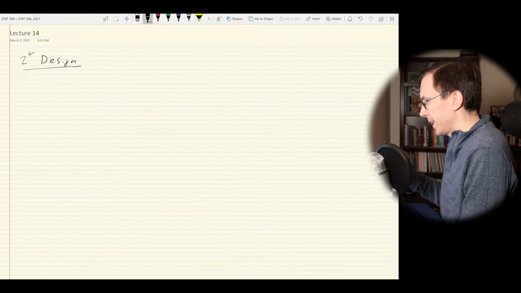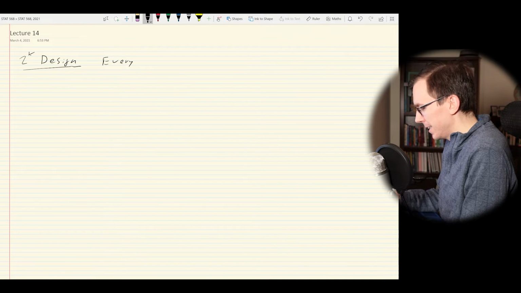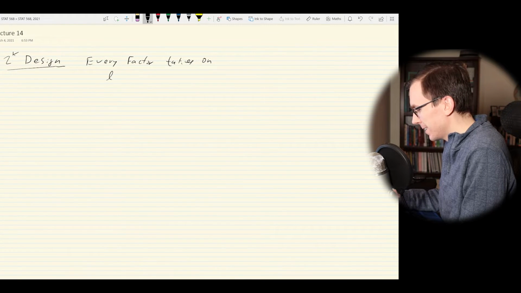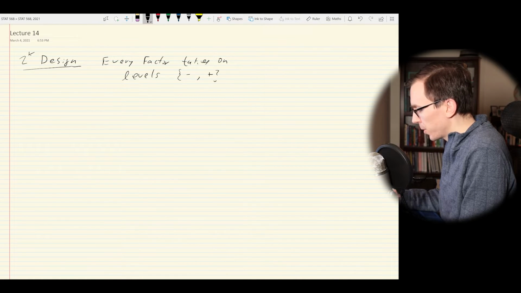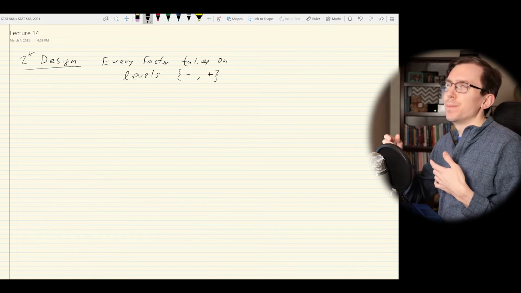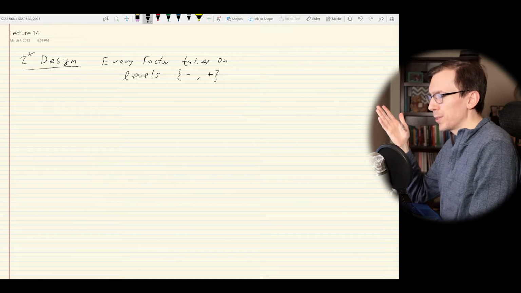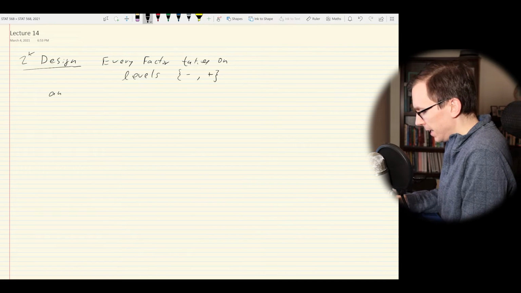So we did this for the last couple lectures, but again, in the 2 to the k design, every factor takes on levels of minus or plus, which could just be -1 or +1, but effectively they're just 2 different levels. We just need some type of an indicator for the 2 different levels.